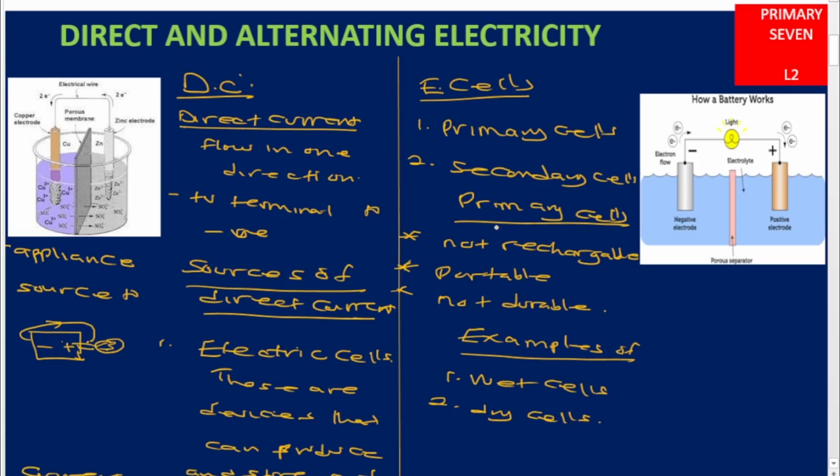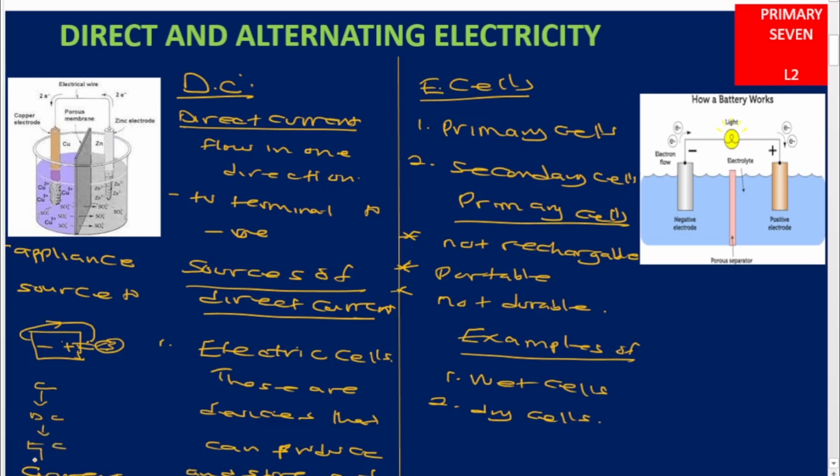Then primary cells are under electric cells. Electric cells are the sources of DC. Then DC is a form of current electricity. From current electricity, we have gone to the forms, that is DC. Then from the DC, we have gone to the source, that is electric cells.